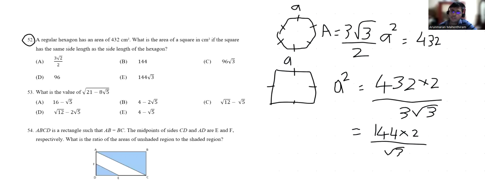Hereafter we are going to multiply the numerator as well as the denominator by root 3. When you multiply the numerator and the denominator by the same number, there is no change. So in the denominator, root 3 into root 3 is 3. So 144 by 3 into 2 root 3.